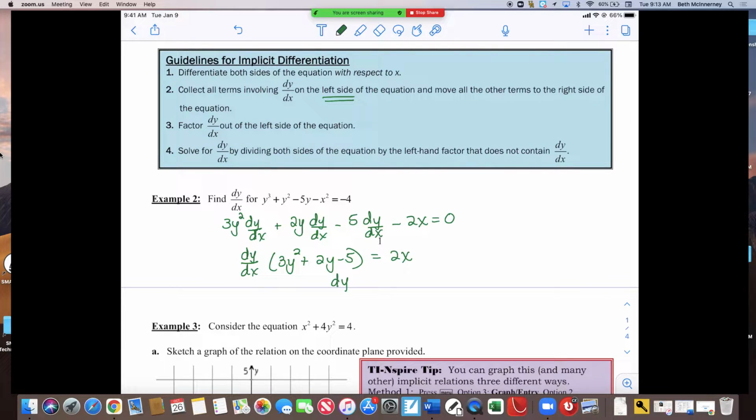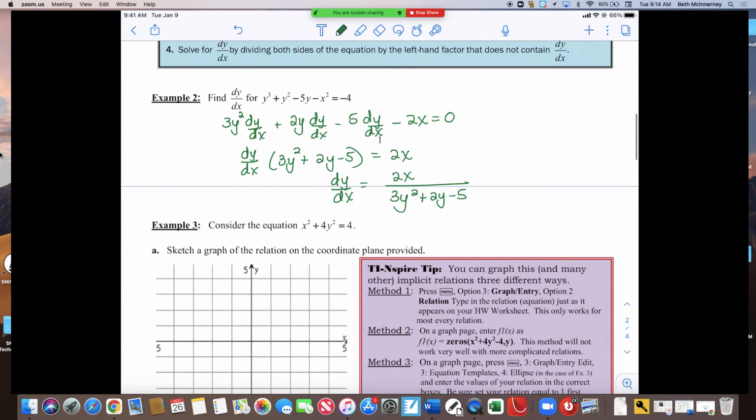So I'm going to make that dy dx would equal 2x over 3y squared plus 2y minus 5. So what's really interesting is that even though in the original equation, the implicit equation, I could not get y alone, but going through the technique of implicit differentiation, I can determine the derivative. Okay, so that is interesting.